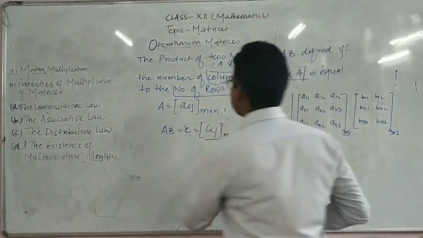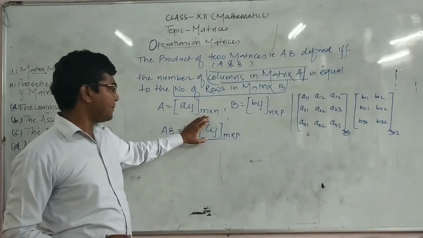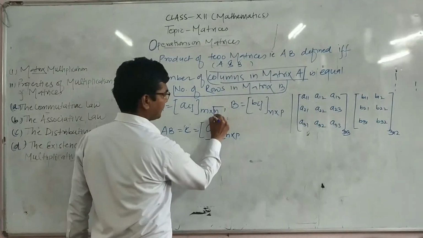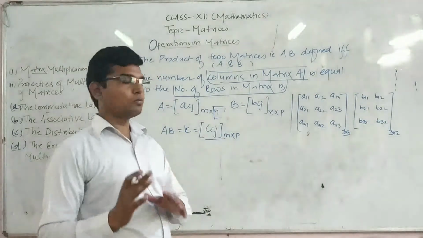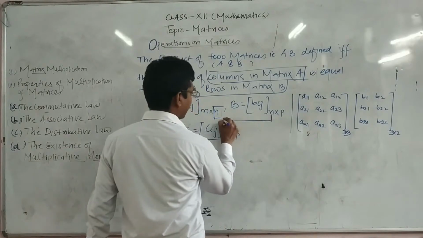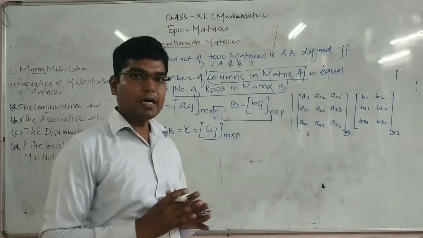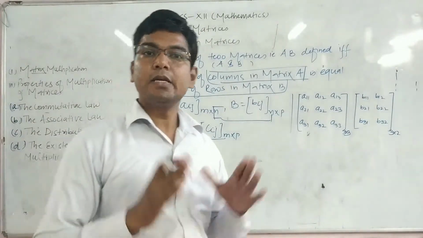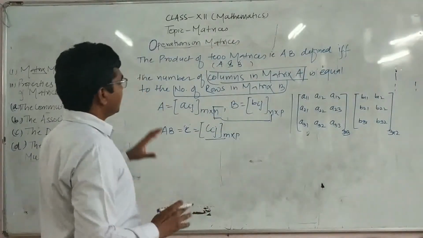So if A is a matrix of order m by n, the number of columns must be equal to the number of rows in the second. Only in that case can we multiply two matrices.